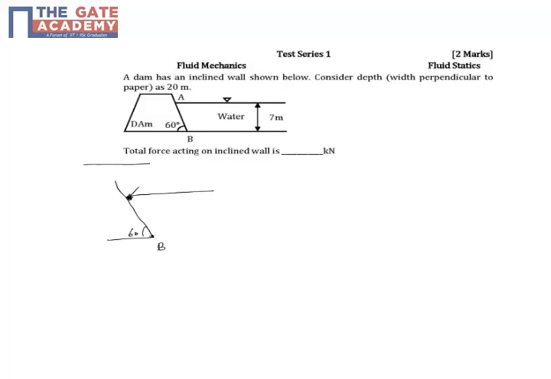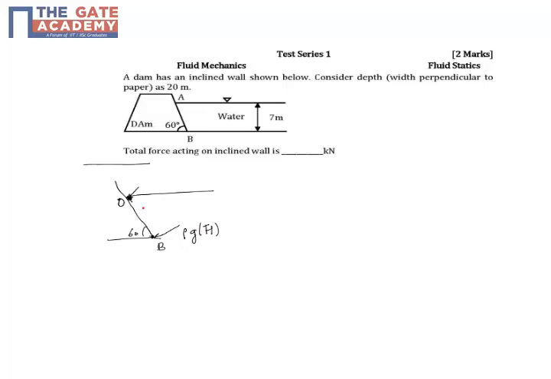So here the pressure is zero. Even though it's atmospheric pressure, when we do the calculation, we take the gauge pressure only. So here it is zero gauge pressure, and at the bottom the pressure will be rho g h, which is acting normal to the wall, and h is 7.